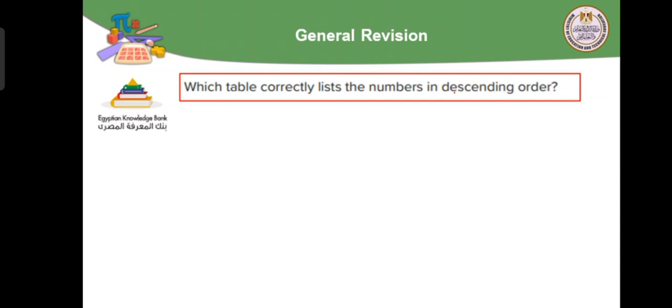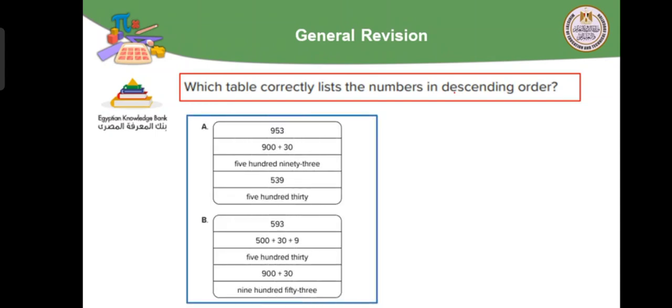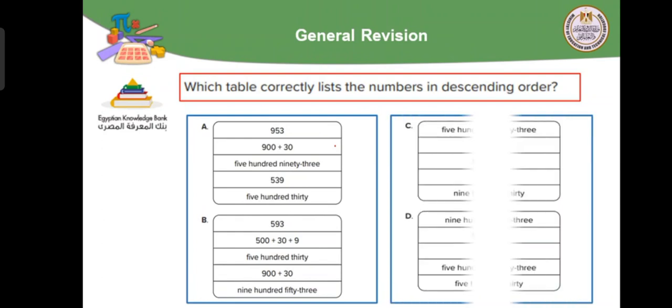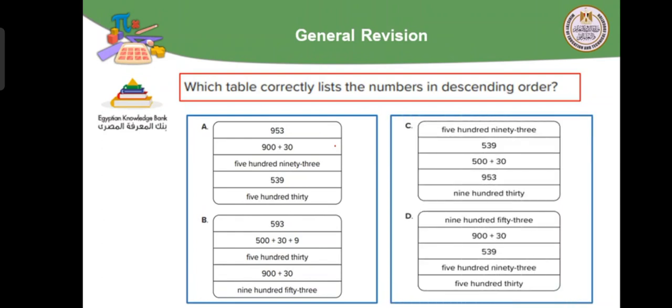Look, this is A, and another one. Which one will be correct for descending order? Here, 953. Then this is what? 930. I let all of them have the same form, compact.